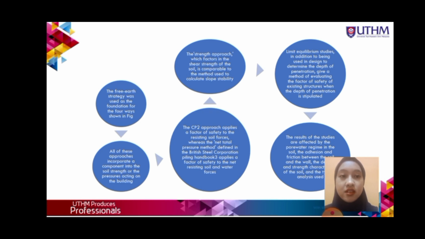First, the PREQD strategy was used as the foundation for the four ways shown in the figure from the slide before. All of these approaches incorporate a component into the soil strength of the pressure acting on the building. And then, the speed-to approach applies a factor of safety to the resisting soil force, whereas the net total pressure methods define the British Steel Corporation Piling Handbook, which applies a factor of safety to the net resisting soil and water force.